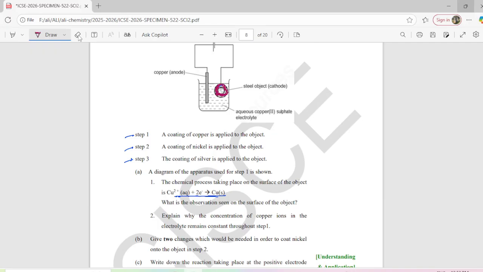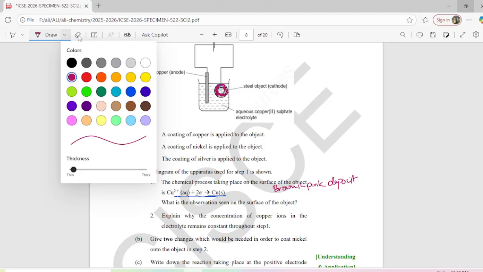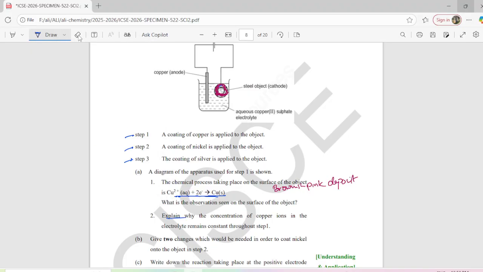Right? So what is the answer? You will get a brownish pink deposit. A brownish pink deposit will be obtained on the cathode. Next, explain why the concentration of copper ions in the electrolyte remains constant throughout step 1.